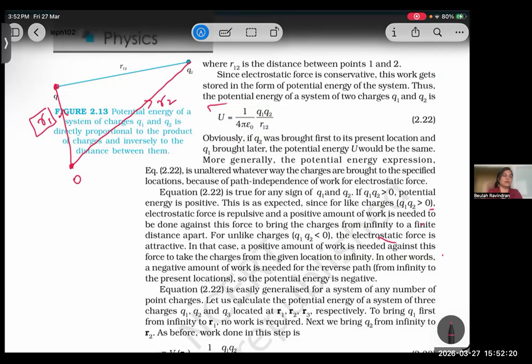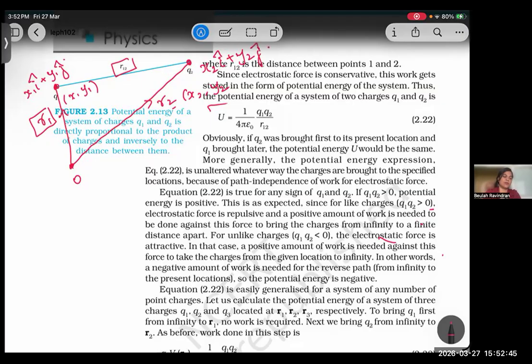If you take it in a two-point system, it is x1 i cap plus y1 j cap, or we can say the point x1, y1. Here x2, y2, or x2 i cap plus y2 j cap. So what is this R12? R12 is the resultant.